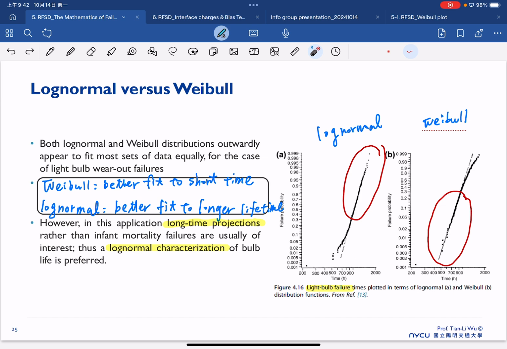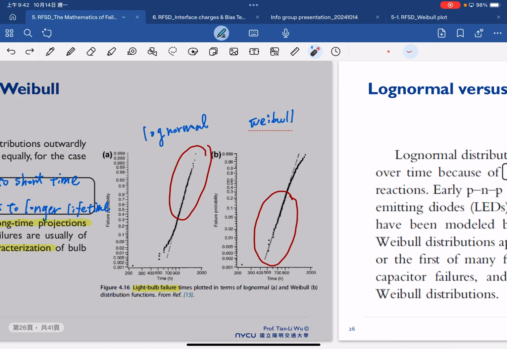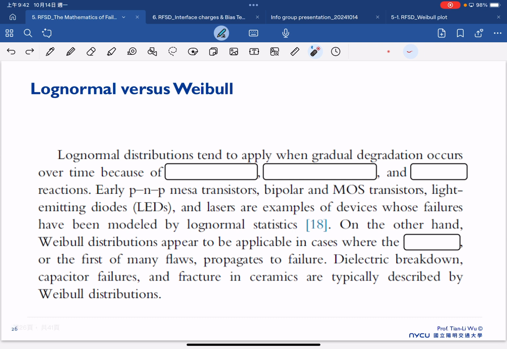In addition to this consideration, we also have some mechanism-related considerations between the log normal and the Weibull distribution. Basically, the log normal distribution tends to apply when gradual degradation occurs over time. That's the case where we can apply the log normal distribution.